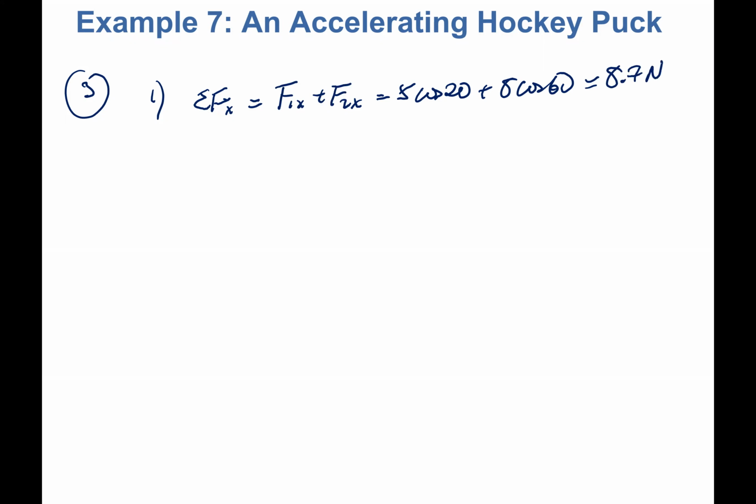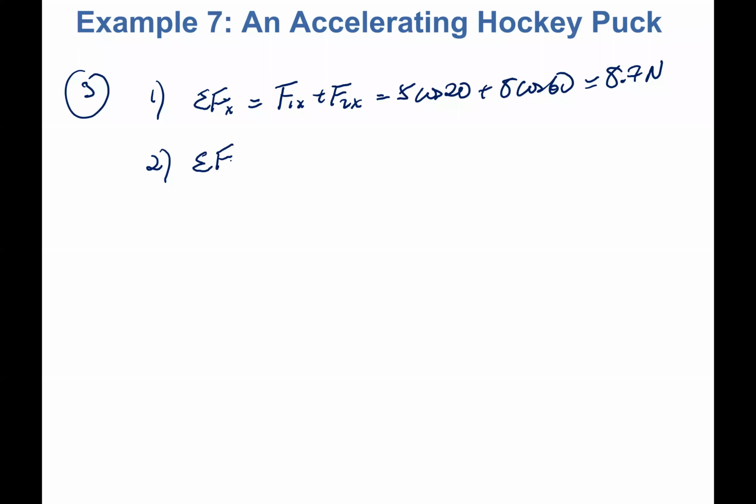Equation 1 gives me the net force in the x direction, which equals F1x plus F2x, because both are positive. So I end up with 5 cosine 20 plus 8 cosine 60, right? I basically add the x components, and I'm going to get 8.7 newtons.